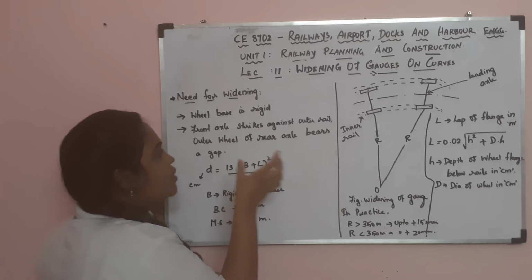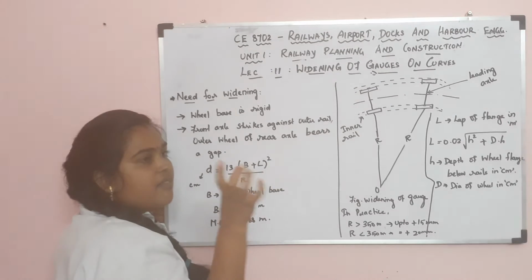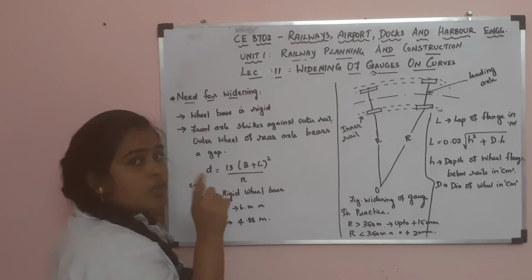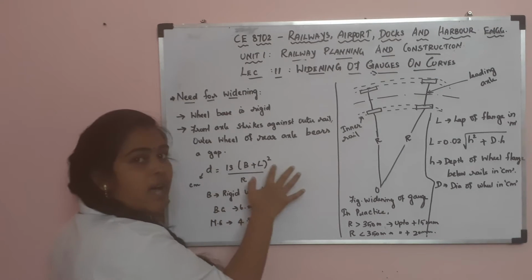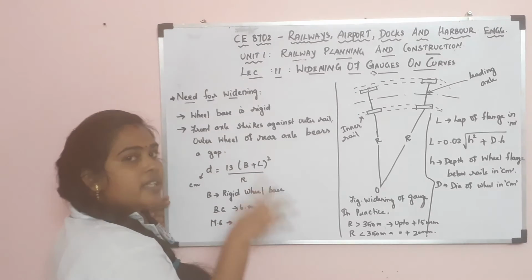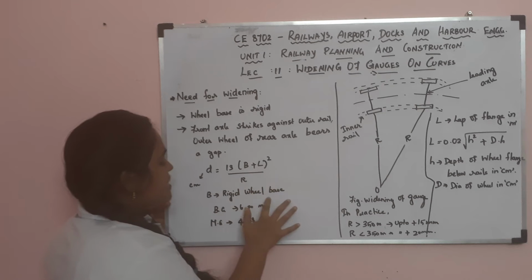So the formula for calculating the widening, the extra widening we have to provide, is calculated by using the formula D is equal to 13 times (B plus L) the whole square divided by R. So this D is the extra width in centimeter, then 13, then B is the rigid wheel base.